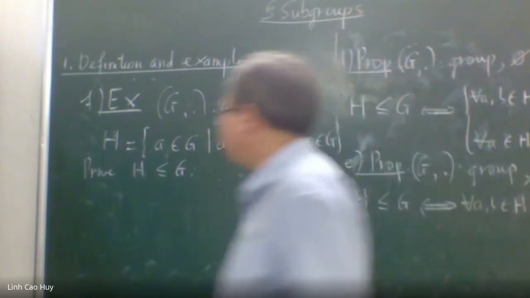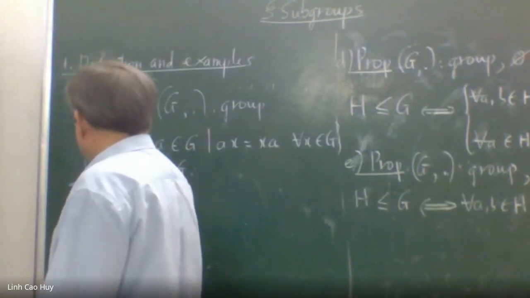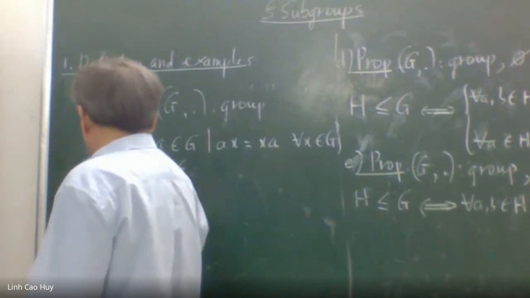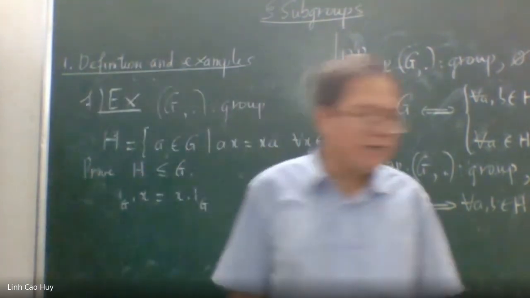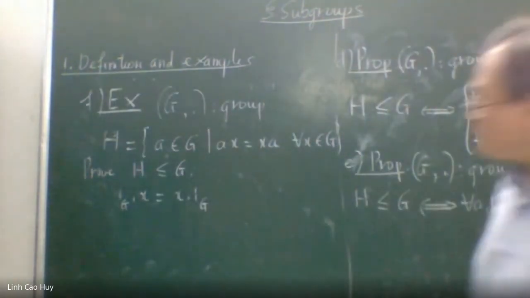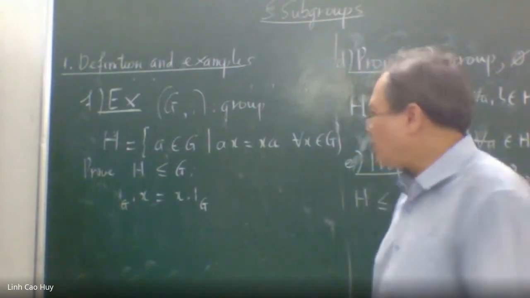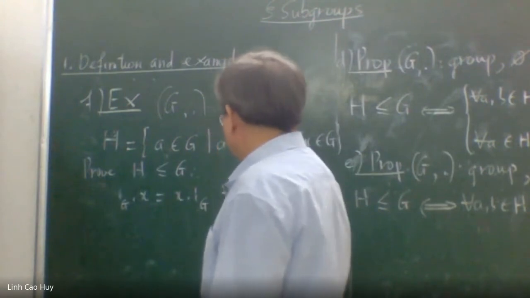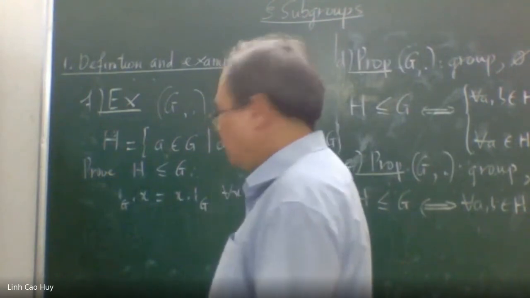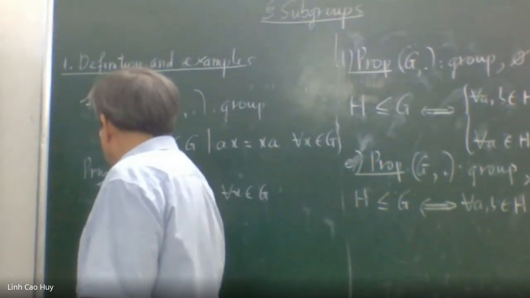Bây giờ ta lấy phần tử 1 của G, và đương nhiên 1 nhân x bằng x nhân 1, đúng không? Bởi vì phần tử đơn vị mà bằng x và bằng x, nó chứng tỏ rằng phần tử 1 giao hoán được mọi phần tử của G, dẫn đến là 1 này thuộc S.